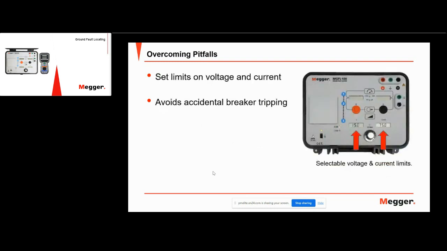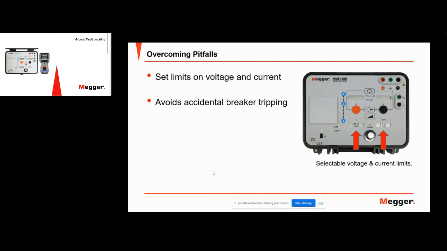So one of the things we've learned and we have incorporated in the system is a twofold approach to this. One is that on this unit, you can actually set the current limits and voltage limits, and they are password protected. This means that you cannot accidentally apply too much current or too much voltage.